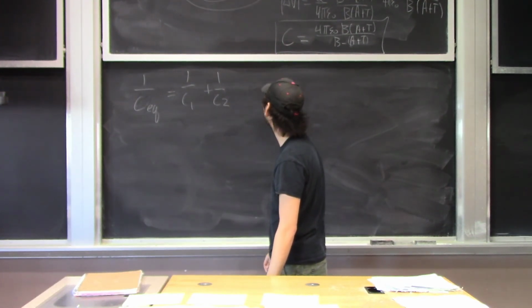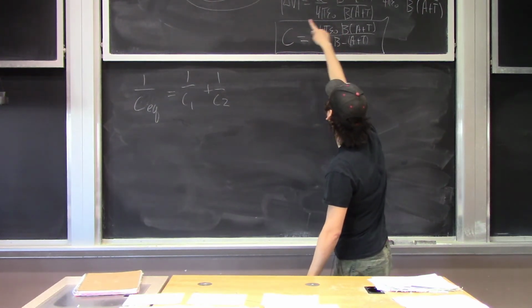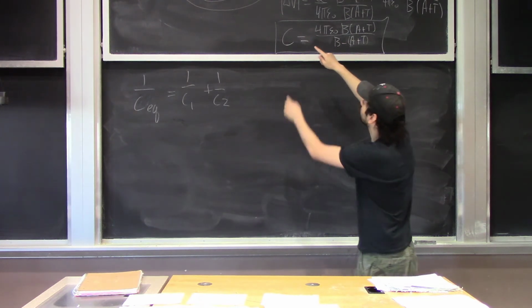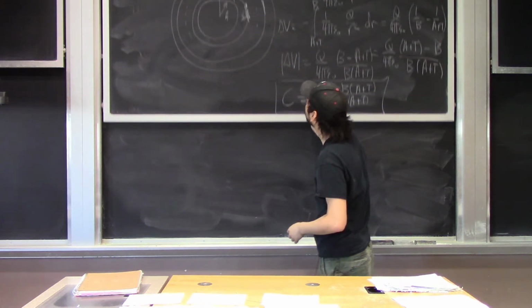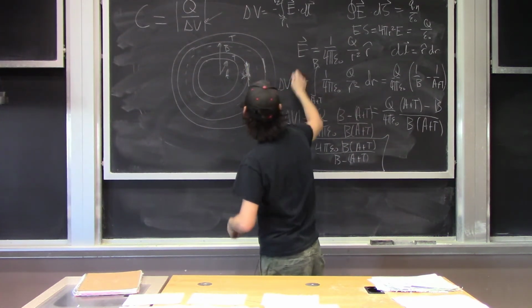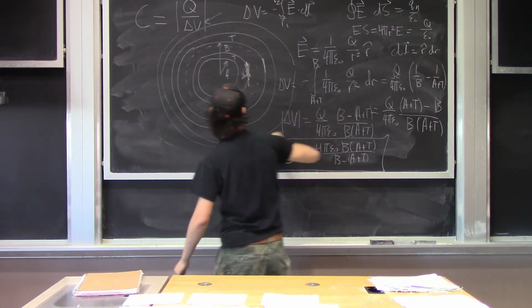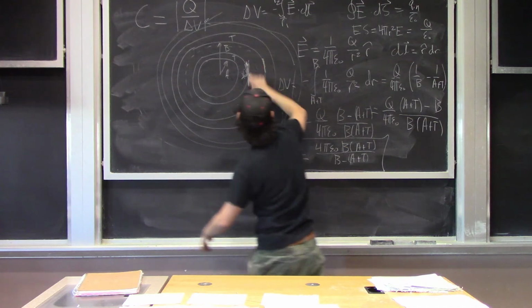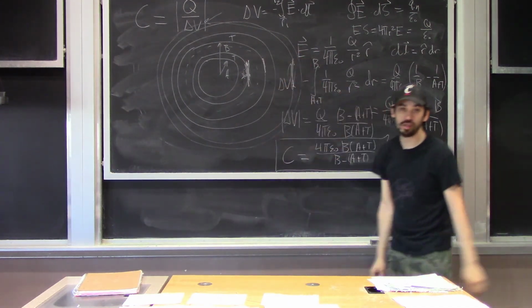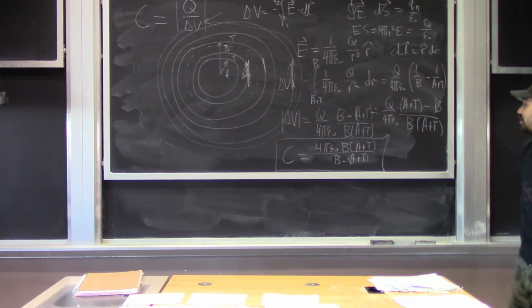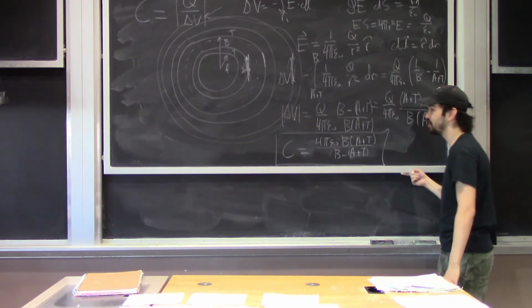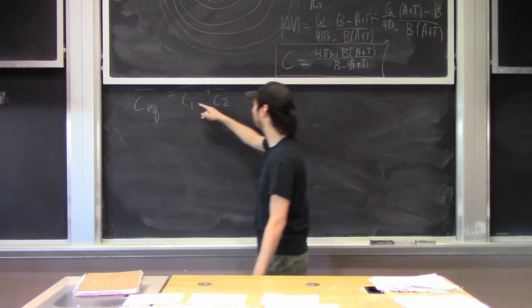In order to do that, we're going to calculate the difference in electric potential between this surface and, if I have another shell around the outside here, this surface and this surface, and then apply this definition of capacitance, and what we'll be able to obtain is identically this equation.